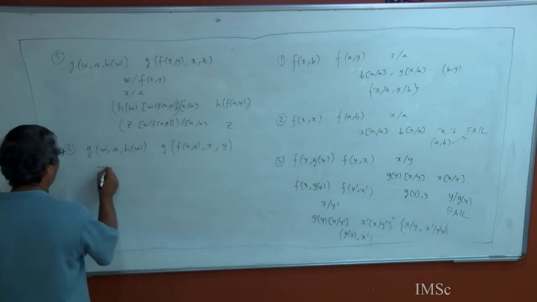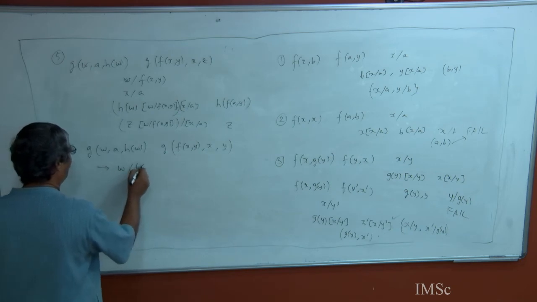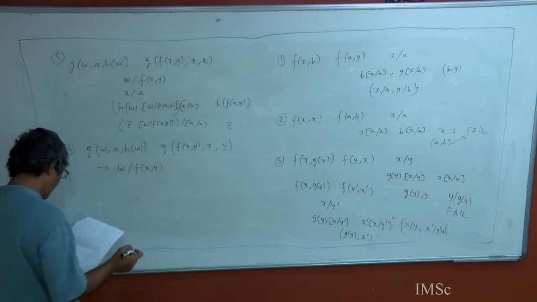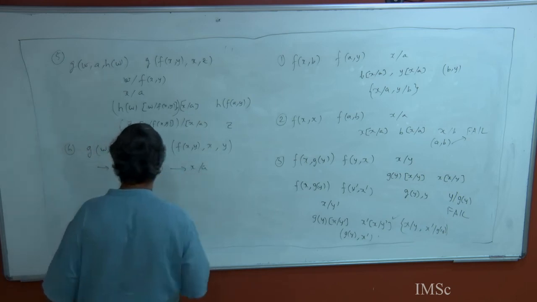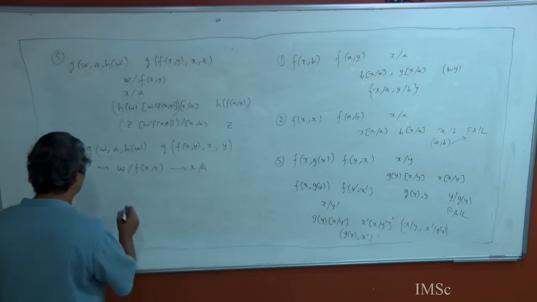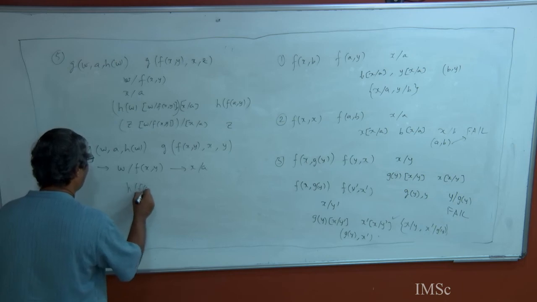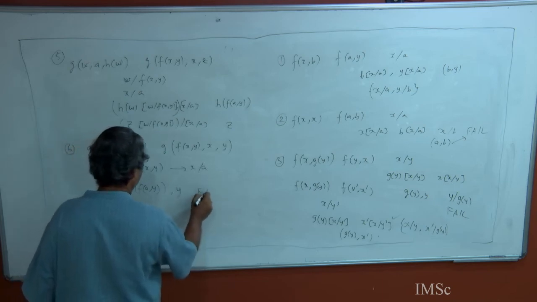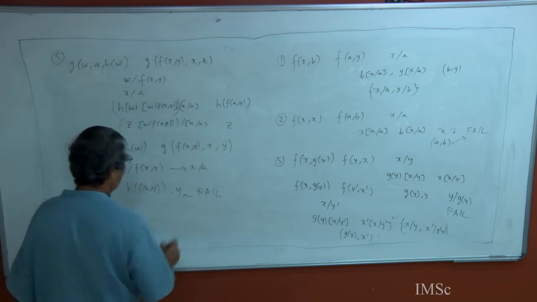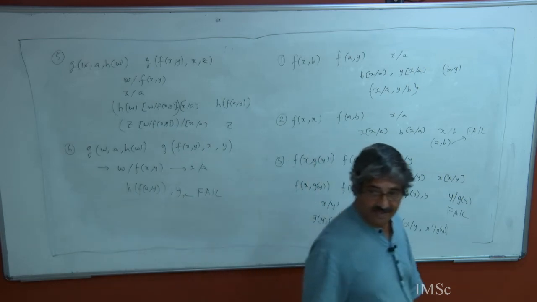Now what are you going to have? I'll get W with F of X Y, and in the second step I'll get X unified with A, and now I'm going to get H of F of A Y and Y, and this will fail because of the occurs check.